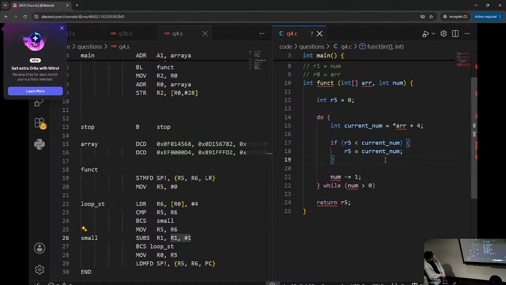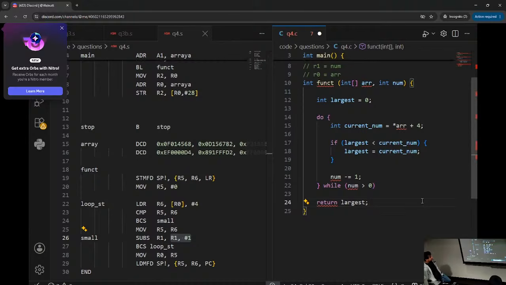If R5 is less than current num, then we set it to current num. Now what does that tell you? R5 must always be bigger. We're actually looking for the largest. So we can change the name of R5, and suddenly this function looks a lot more readable, right?